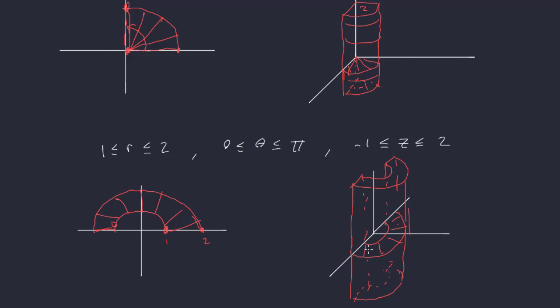Or we've taken a cylinder, cut out the middle of it, and chopped it in half. It's almost like if we laid this down, we have a bit of a tunnel. So this is basically half of a cylindrical shell.